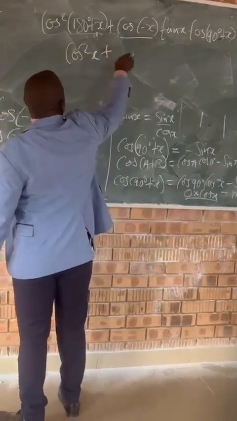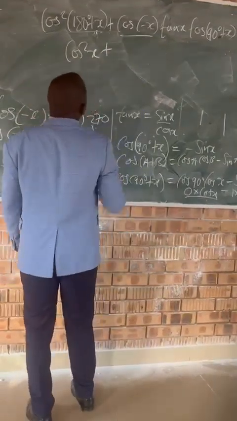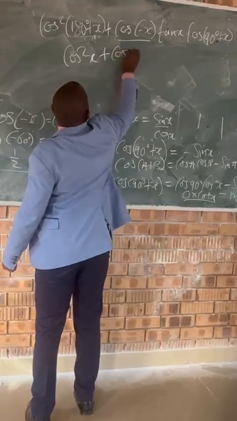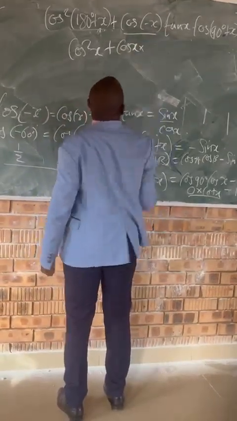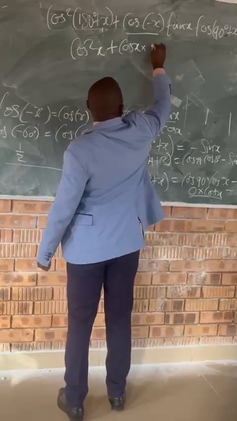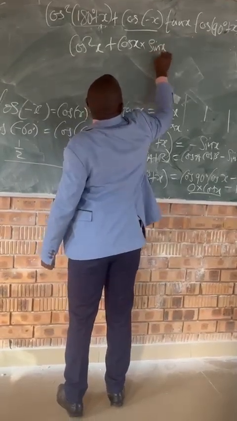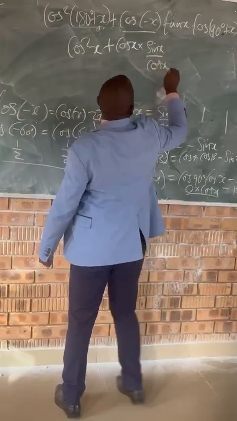Then plus cos x, then a multiplication with sine x over cos x.